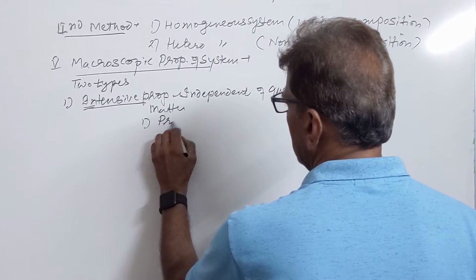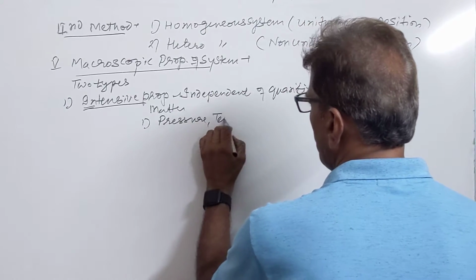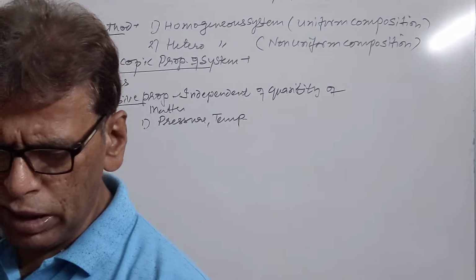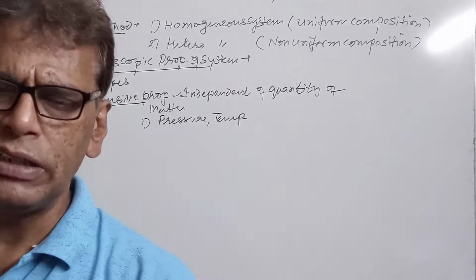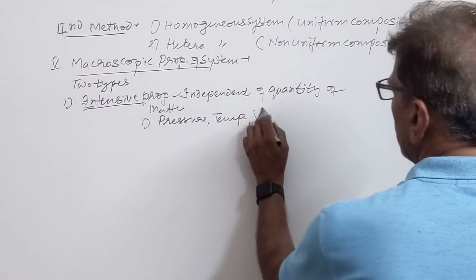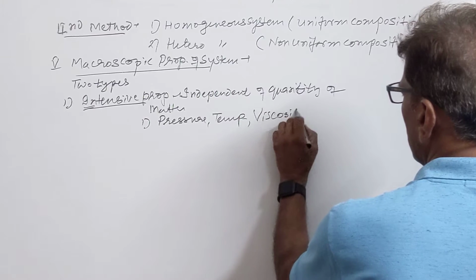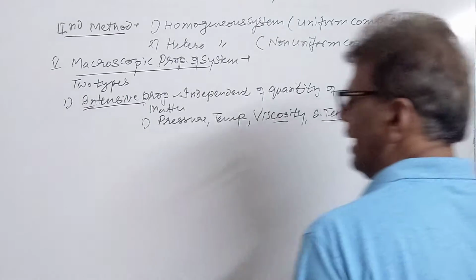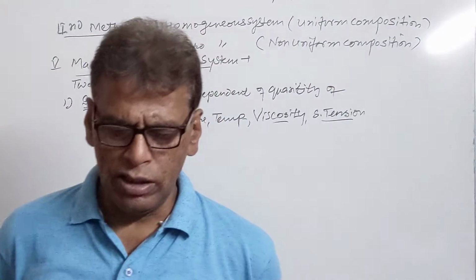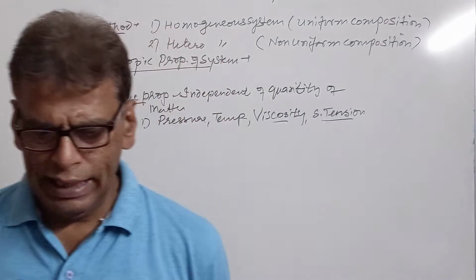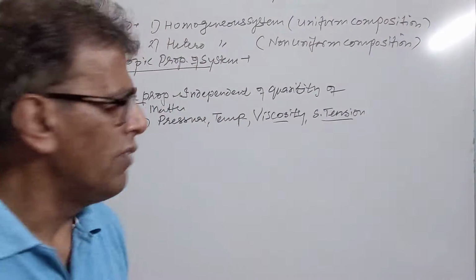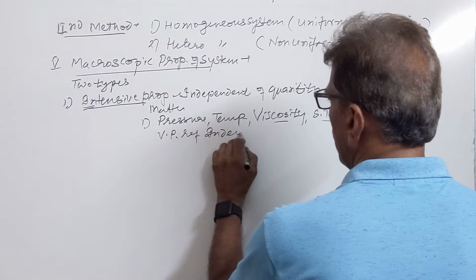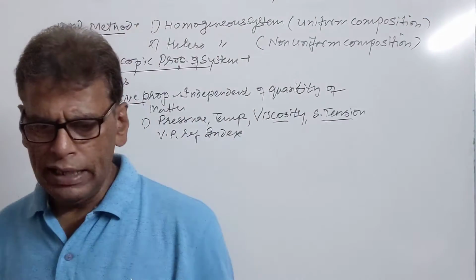So pressure, temperature are intensive properties since they do not depend upon the quantity of matter. Viscosity, surface tension: the thickness of the liquid does not depend upon the quantity of matter contained in it. So we can say viscosity, surface tension, vapor pressure, refractive index, these are all intensive properties.